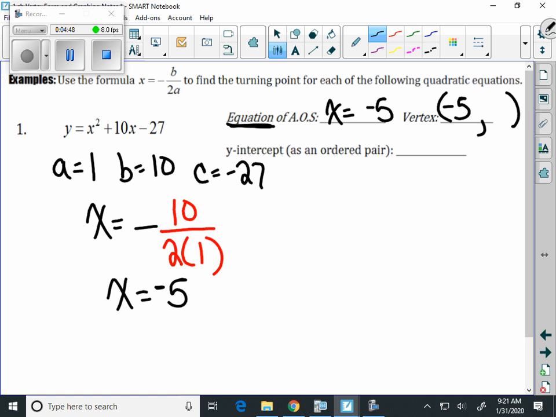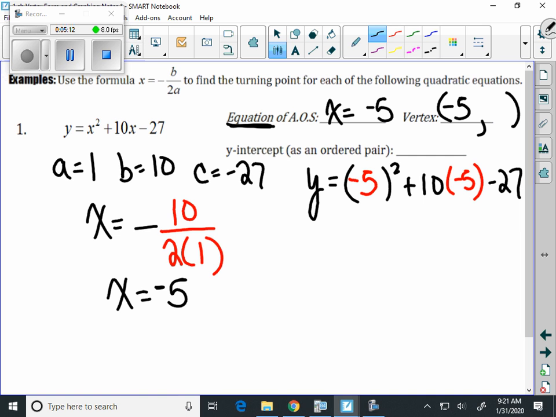Typically I don't write it, but I want you to see it in your notes, and certainly if you're watching the video, you need this. We take that negative 5 and put it back in for the x, because it's x squared, plus 10 times negative 5, again putting it back into the given equation for the x, minus 27.